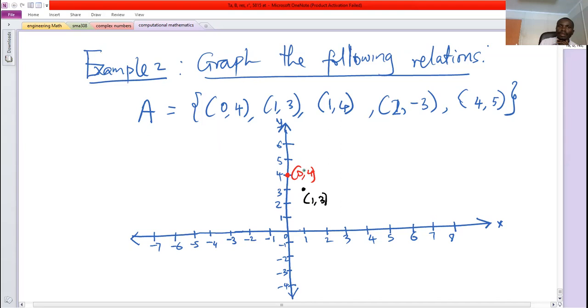So (1, 4) is somewhere here. (2, -3) is a point here. Then (4, 5). This is 4 along X, then along the Y, 5. So somewhere here. They're simply plotting points in the Cartesian plane. So that's the end of that.